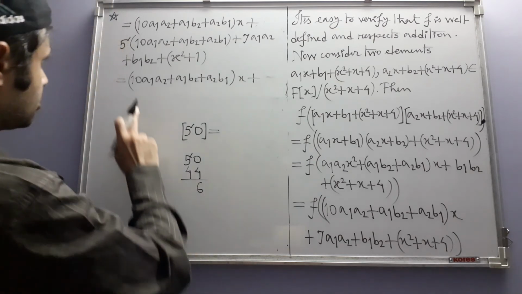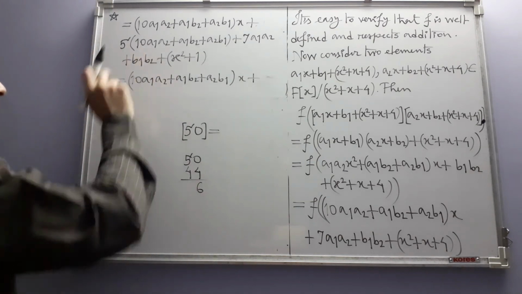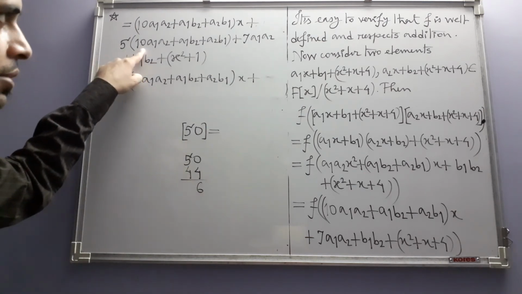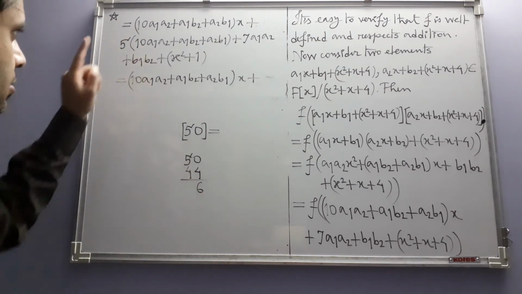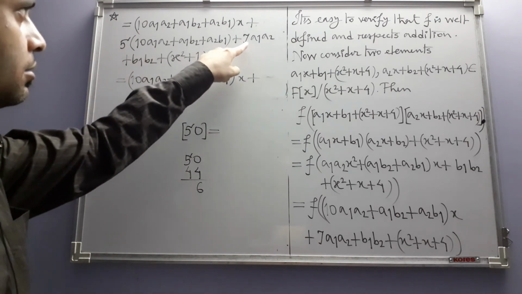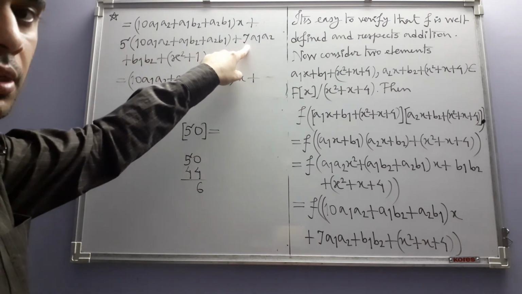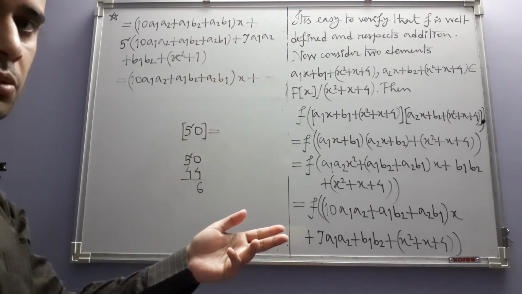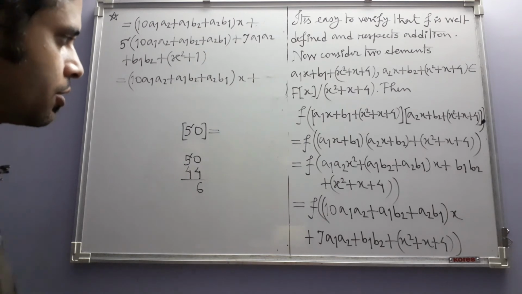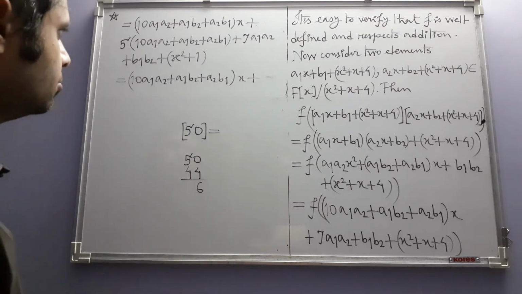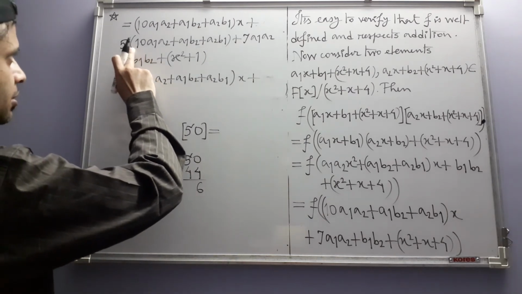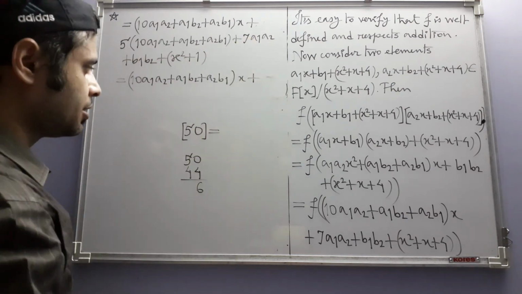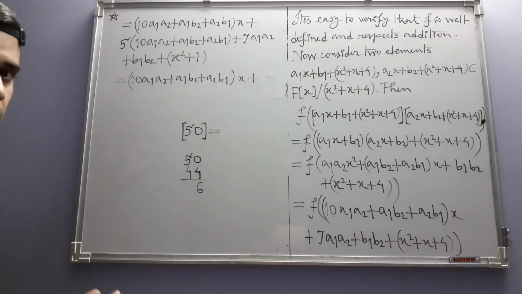Okay, so that means if we do our simplification here itself, then 50 can be replaced with 6, and 6 plus 7 is 13, modulo 11, 13 is equivalent to 2, because 13 is 11 plus 2. So if you take care of everything, that is 50 times 10 a1 a2 plus 7 a1 a2, you get 2 a1 a2.